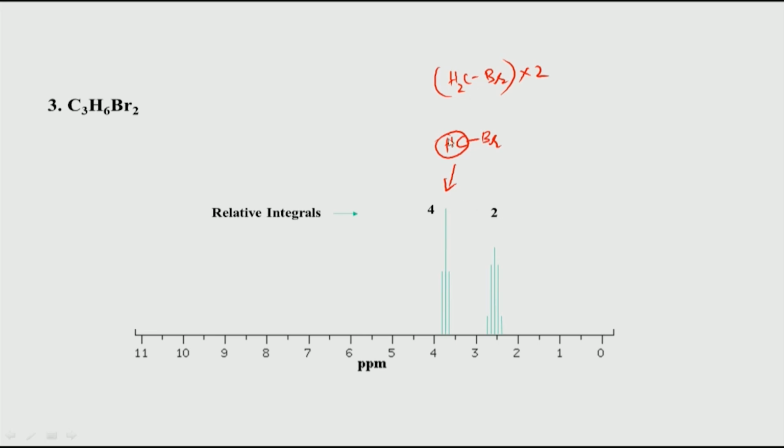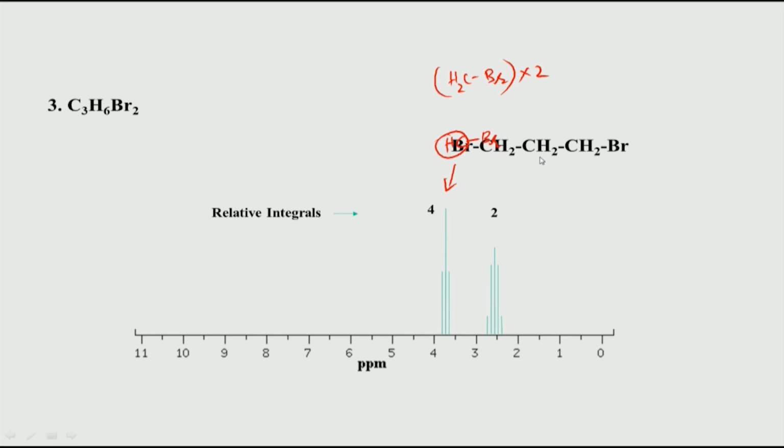But then it has to have a quintet. A quintet means 4 protons coupling, because 4 plus 1 is 5. So, the CH2 which we are looking for has to be in between these 2, because only then it will have 2 hydrogens on either side, and therefore give a quintet. Let us look at the structure which is shown here.